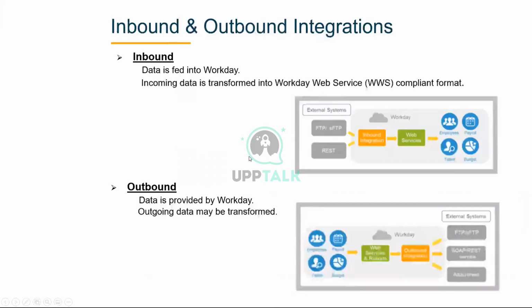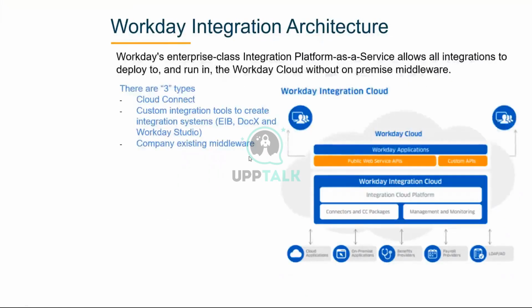For the Workday integration architecture, Workday works as a platform as a service and allows integrations to deploy to and run in the Workday cloud without on-premises middleware. You don't require an additional set of hardware, software, or middleware to deploy to the cloud and connect to Workday.